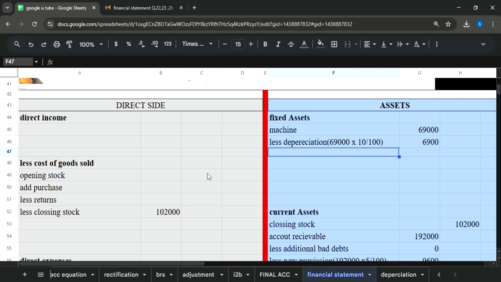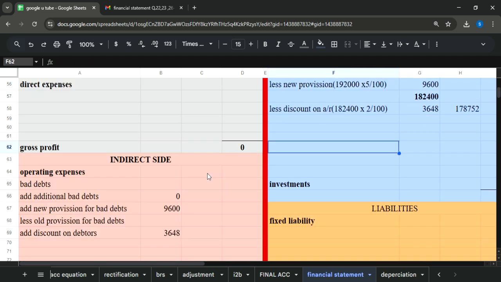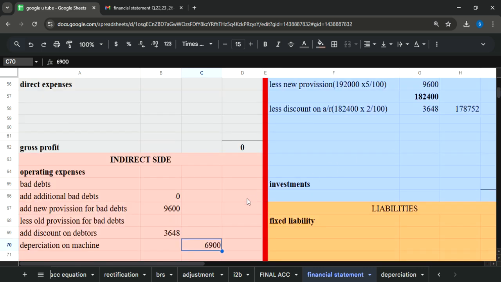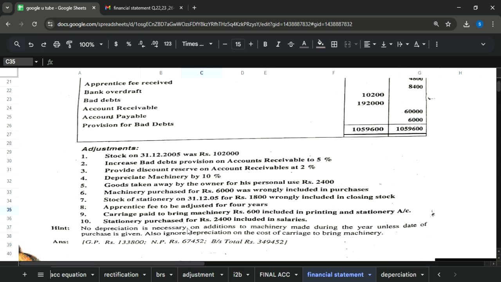So we have got the amount of depreciation. We will go to the operating expense side, and there you will mention depreciation on machine, and I think it was 6900 which we have calculated. Yes, it is 6900. So you can see the first effect was to subtract 6900 from the asset. Secondly, show it on the expense side. Double effects are completed for the fourth adjustment.